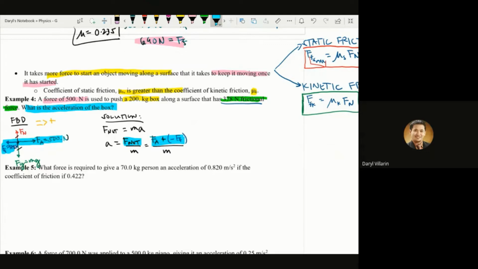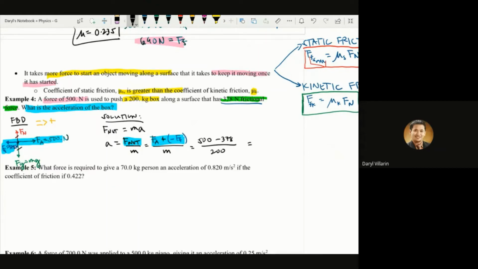That's why I don't mind Fn and Fg in this case, because what I am trying to get is the acceleration, and the acceleration only happens along the x-axis. All of these are x components of the forces. So that would be 500 minus 378 divided by 200.